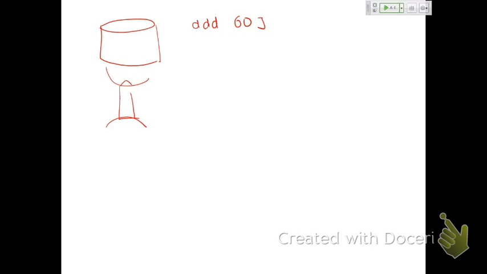So let's say we have a volume of gas. And let's say that I add 60 joules of heat using a Bunsen burner. And now my language gets kind of vague.